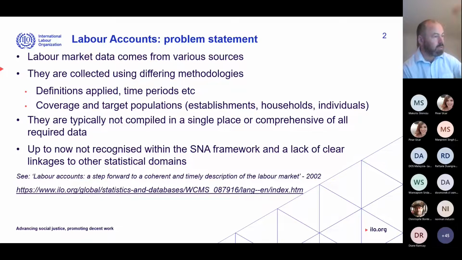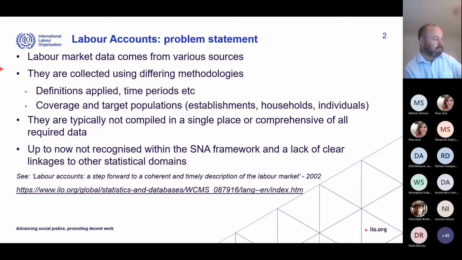And in addition, they won't necessarily be comprehensive of all the data that's actually required. So in other words, you might have a labor force survey, which covers a certain amount of information, but you might be missing data on earnings or detailed data on working time, perhaps, or vacancies, which is an important area of information.